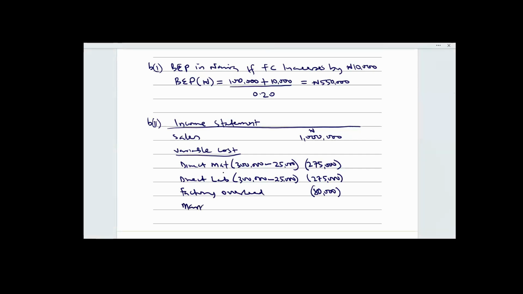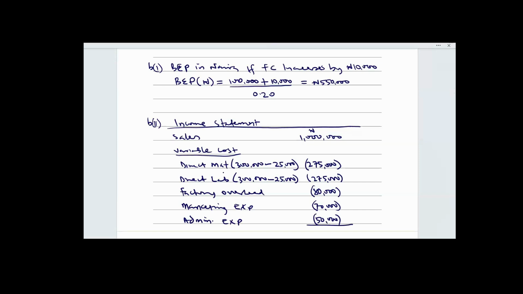Variable marketing expenses, 70,000 naira. Then we have variable admin expenses, 50,000.